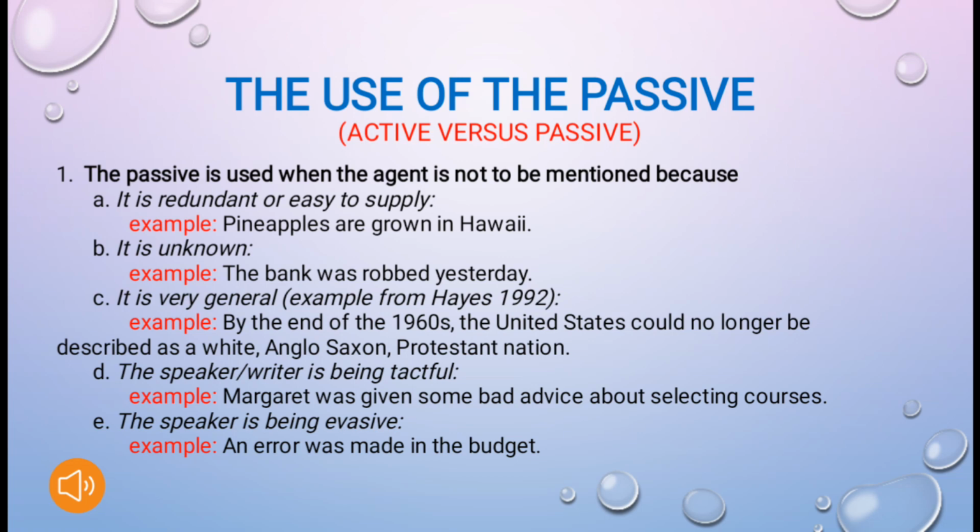Okay, the fourth one is that the passive is used when the agent is not to be mentioned because the speaker or writer is being tactful. One example is Margaret was given some bad advice about selecting courses. When we talk about being tactful, you are not to be easily swayed by someone saying, oh, don't do this because you may fall into this trap.